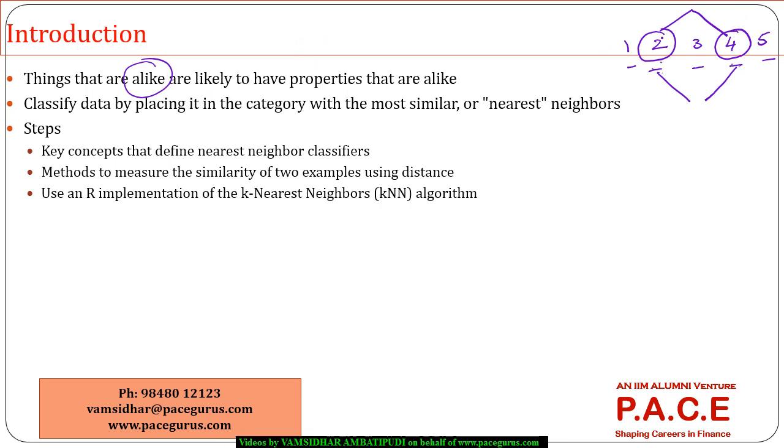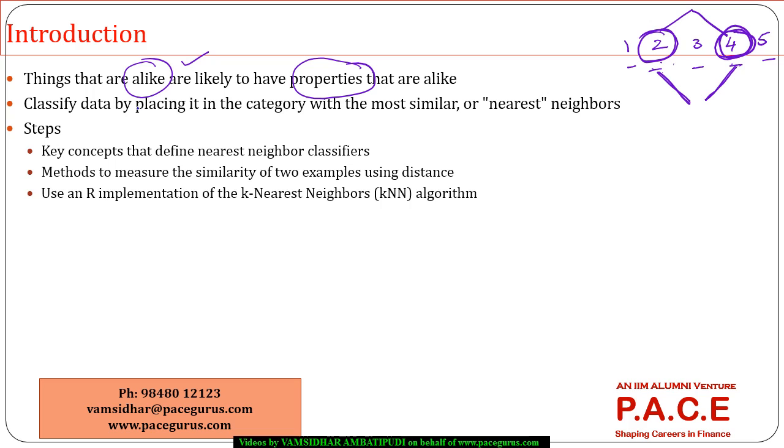Even attitude-wise, if these 2 people have similar kinds of attitudes, then some other commonalities can also exist between these 2 groups. So that is the basis. Things which are alike are most likely to have similar properties.